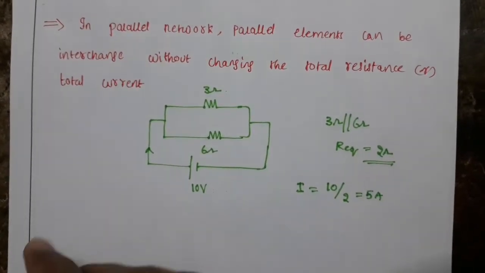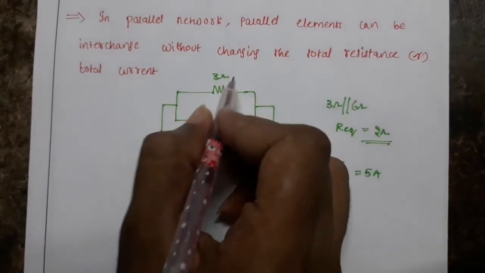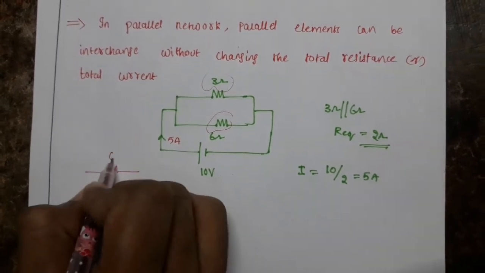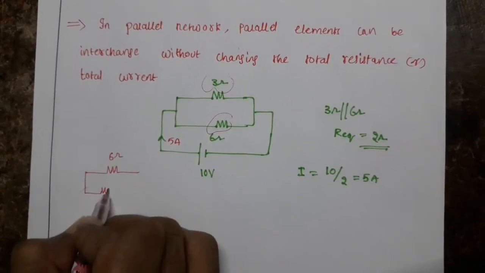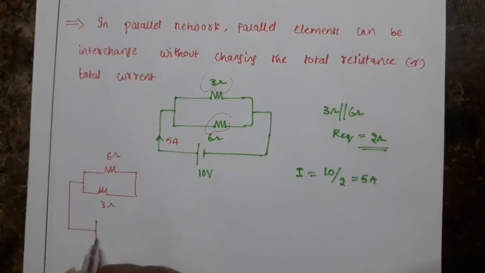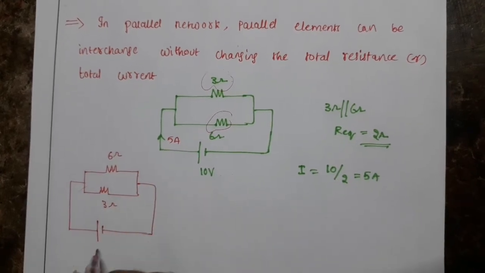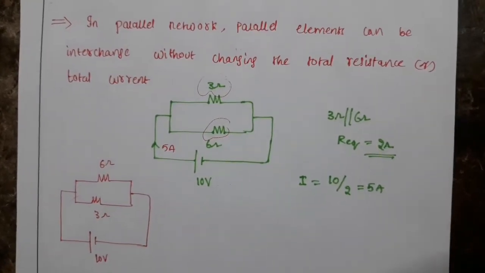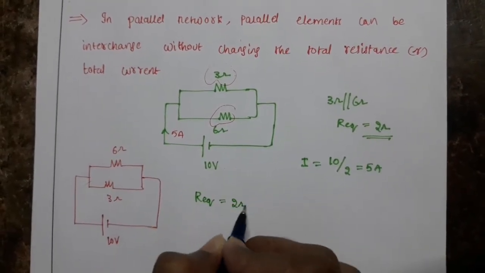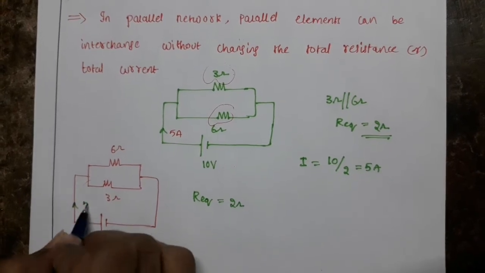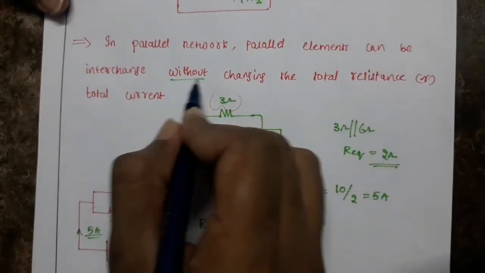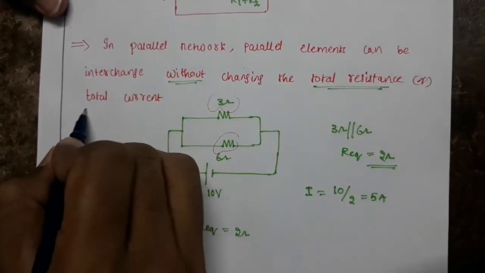Total current flowing will be 5 amperes. If we interchange both elements, that is 6 ohms and 3 ohms, with ten volts connected in parallel, then R equivalent remains the same, 2 ohms, and the current is also the same, 5 amperes. So interchanging elements in parallel does not affect total resistance and total current.